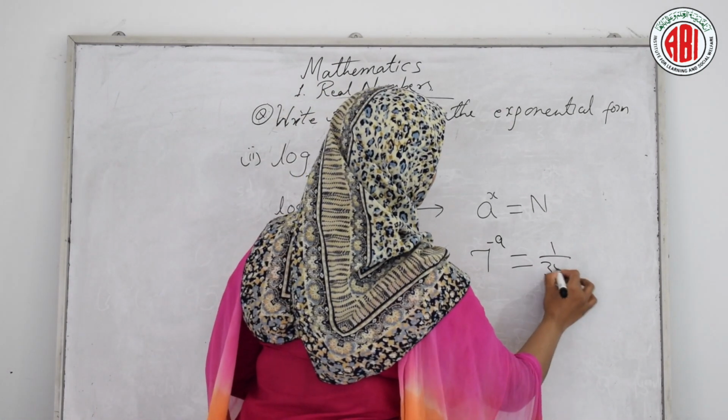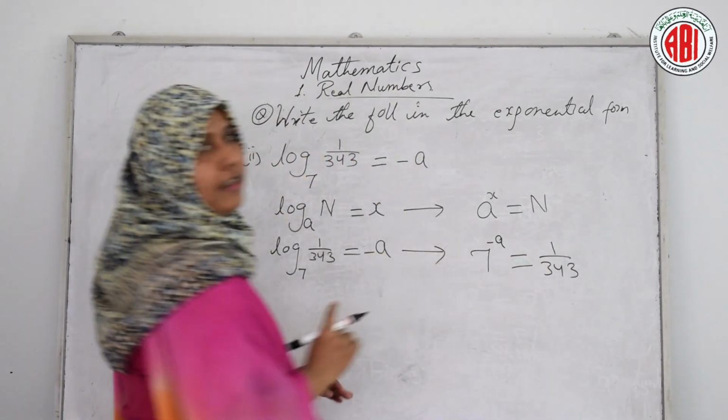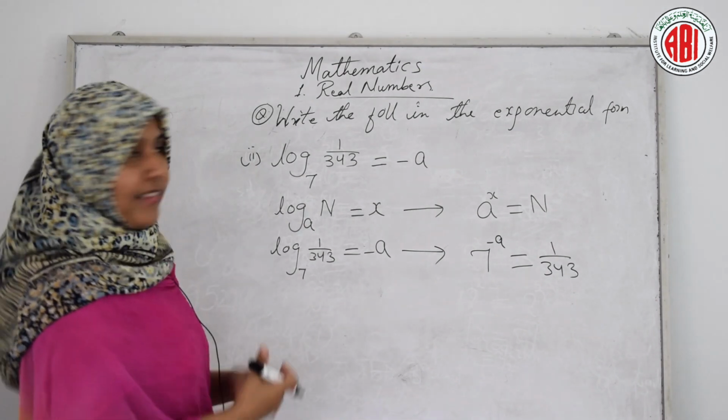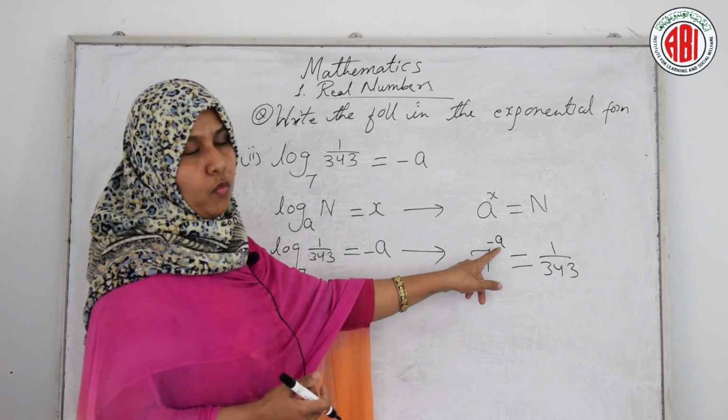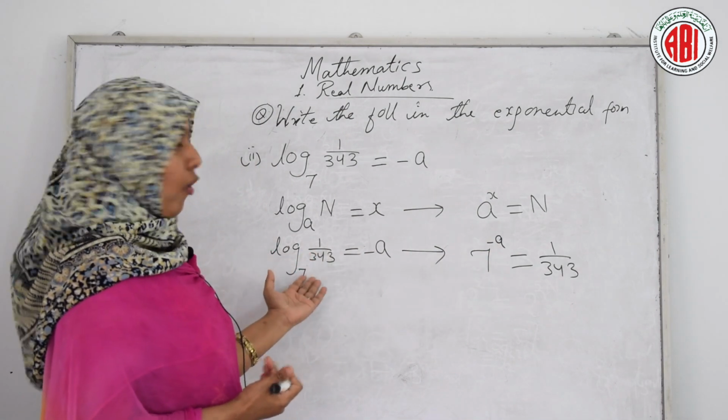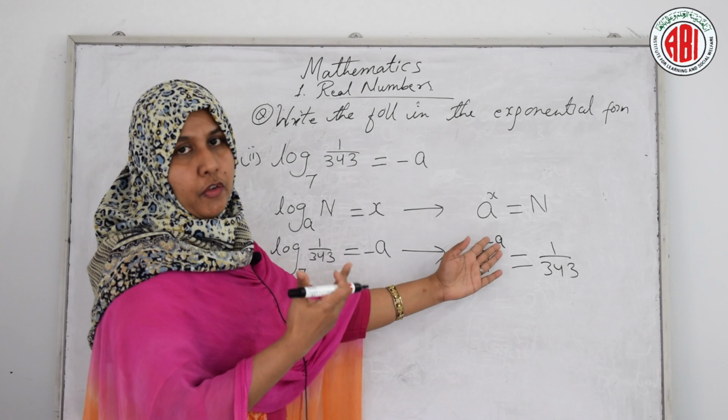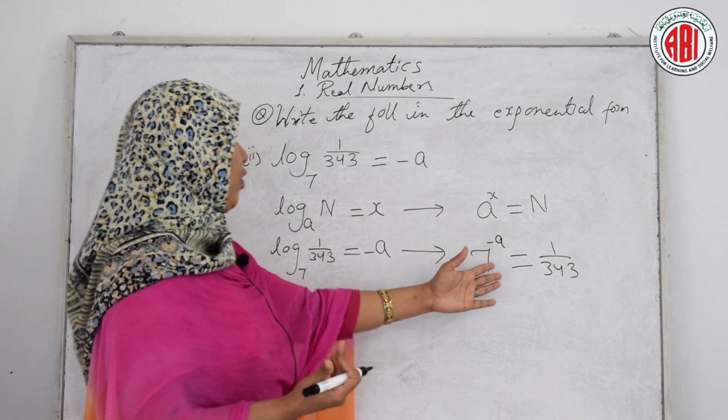1 by 343. Right. Now we will try to get the value of this exponent. Using logarithm we can solve, or using exponential form we can solve this.